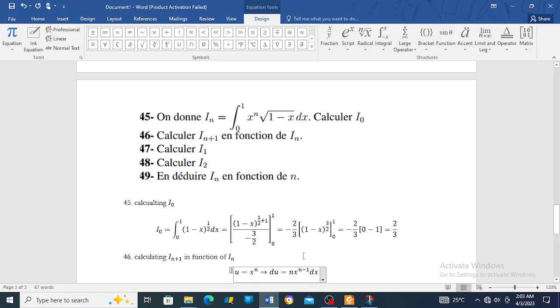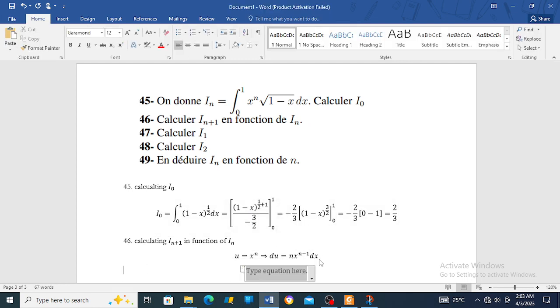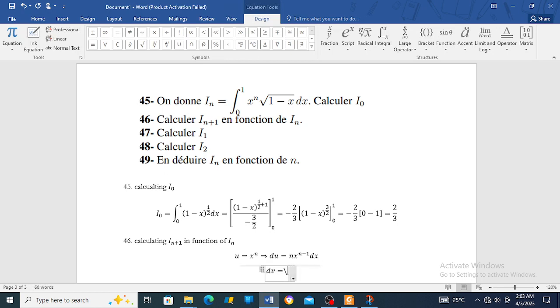We could still let u to be the square root, but it is big. I'm letting u to be x to the n, and my dv will be that square root because this question above here I've already integrated that square root, so I'll just copy the result and paste. So my dv becomes the square root of 1 minus x dx. It means that my v is just integrating dv.